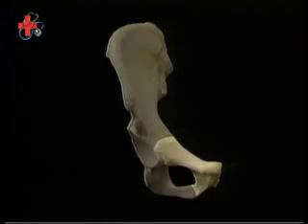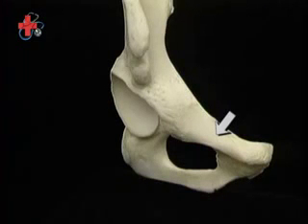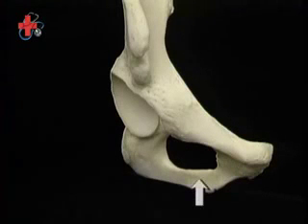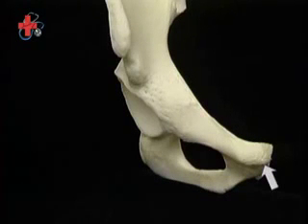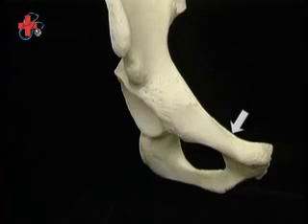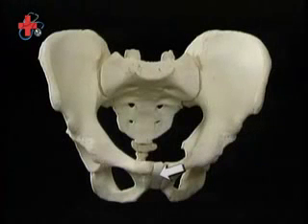Here's the pubis with the superior pubic ramus, the body of the pubis, the ischiopubic ramus, the pubic crest, the pubic tubercle, the pecten, and the pubic symphysis.